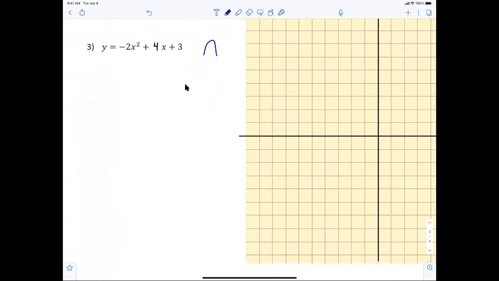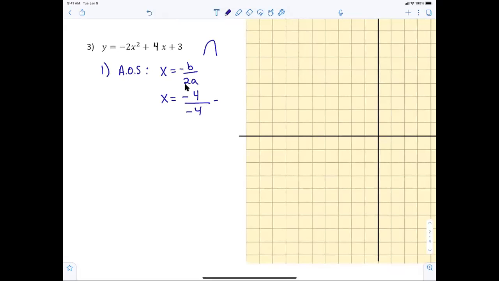So step number 1, everybody is writing AOS colon. What is the formula for axis of symmetry? Thank you. -b over 2a. So x equals negative. What is the b value? 4 over -4.